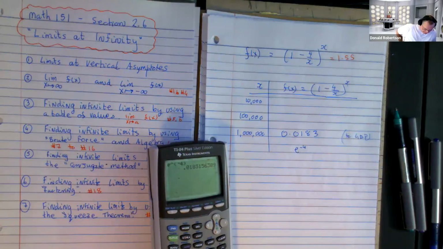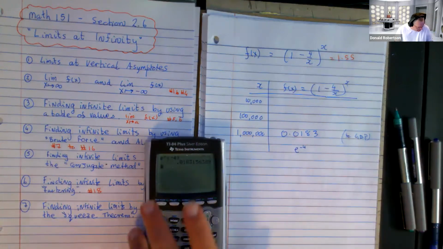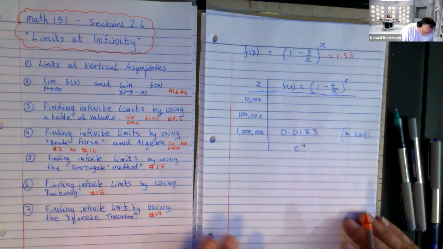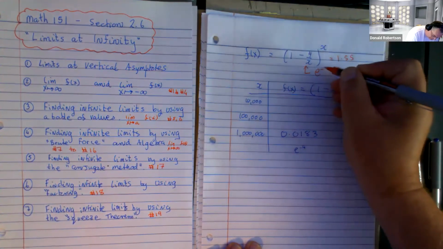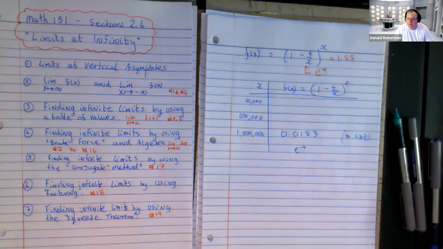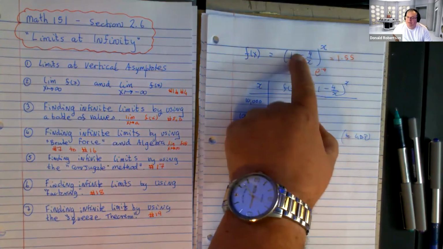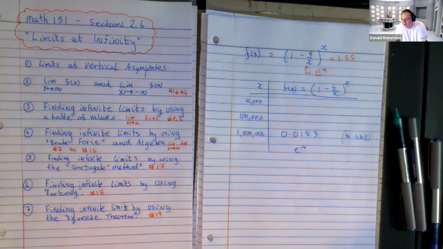Now you might say, well, how do you know it's e to the negative 4? Because there's a bit of math that you'll get in Calc 3 that none of you should even be expected to know that tells me that this guy is e to that negative number. So if you make that 2, this will be e to the negative 2. If you make that plus 4 over x, this becomes e to the 4.